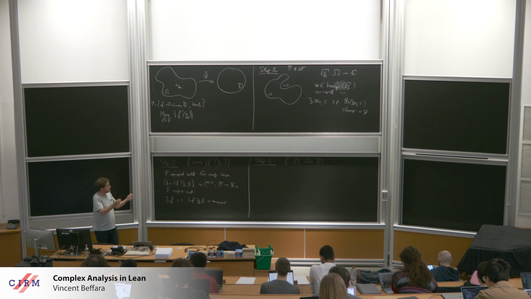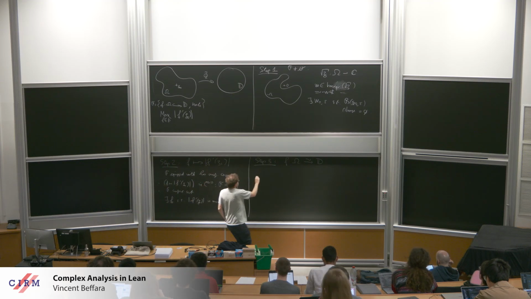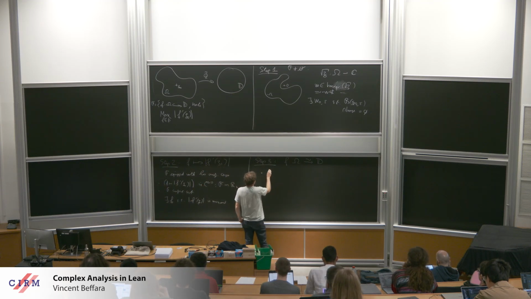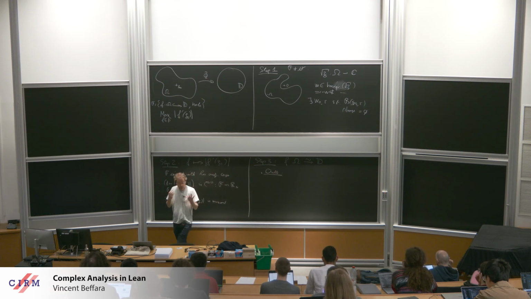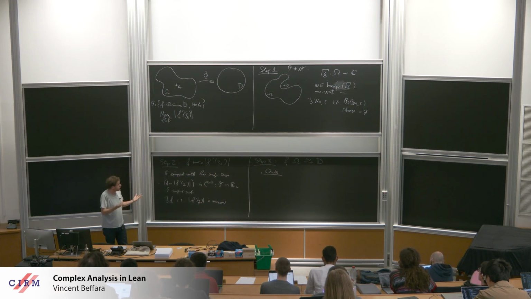What you need is that this is a bijection, so it's into and it's onto. So why is it onto? Here the usual trick is you take a function which is injective and not onto, and out of that you build a function that has a bigger value for the derivative.